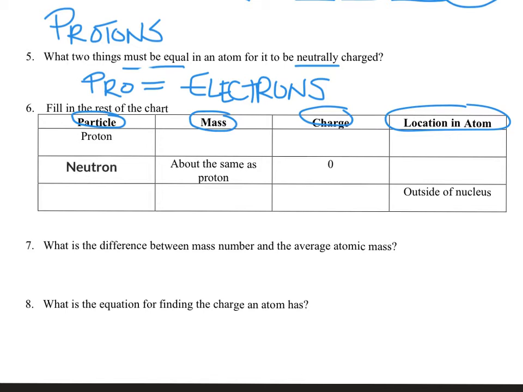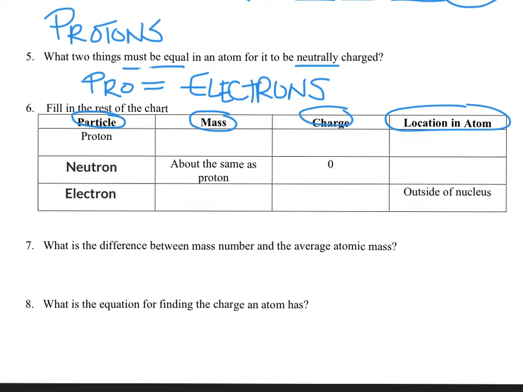So now we know that the second row is going to have neutron. The only thing that's really left is the next row, which is going to be the electron. So let's get the electron in there too. Now that we know we have proton, neutron, electron, let's start filling out the different things.